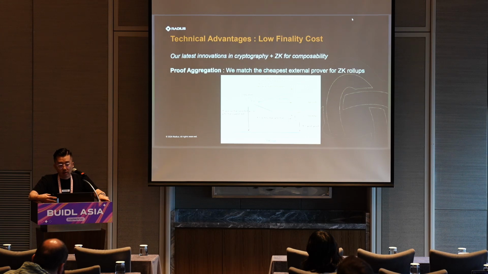We can ask these multiple ZK proof networks with a maximum budget that the sequencer can provide. So they can bid, and then the operational cost will be reduced as well. And obviously, a sequencer can have a dedicated ZK proof market if they want as well.